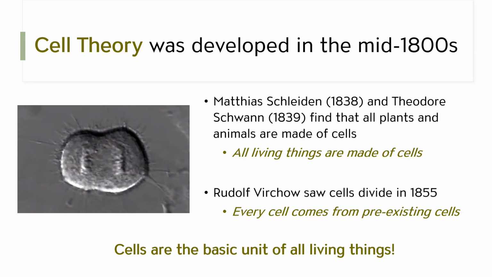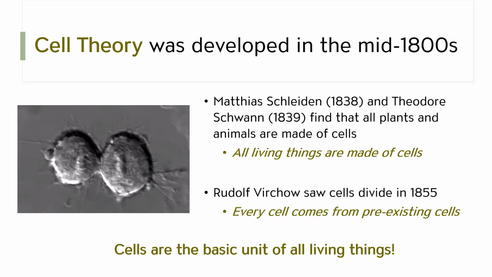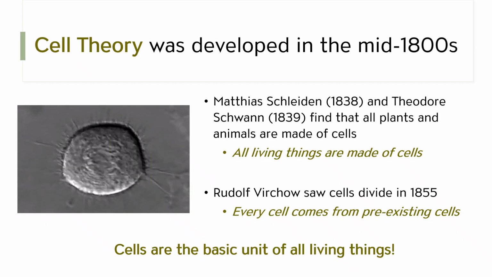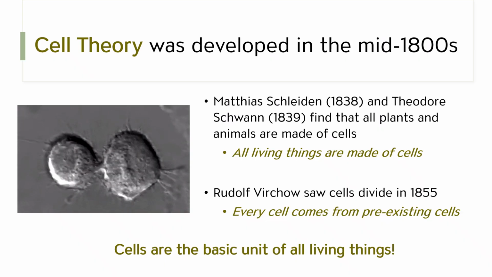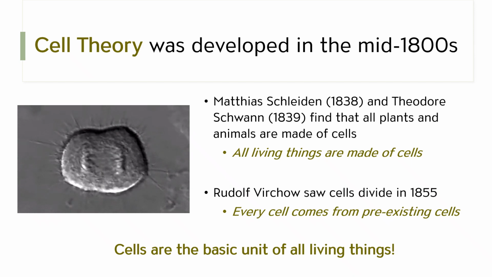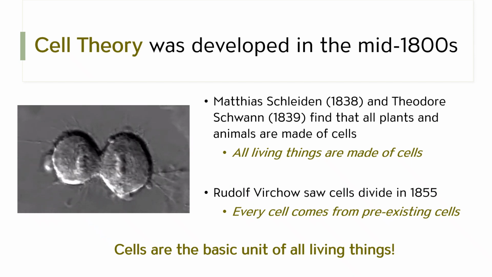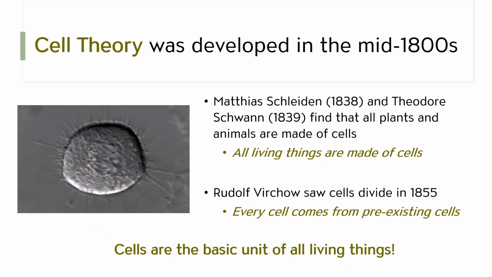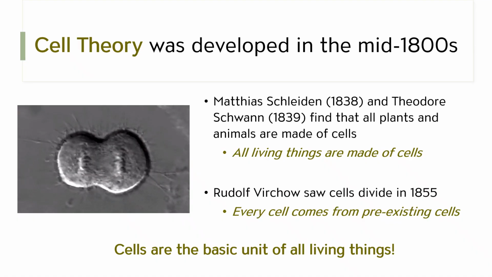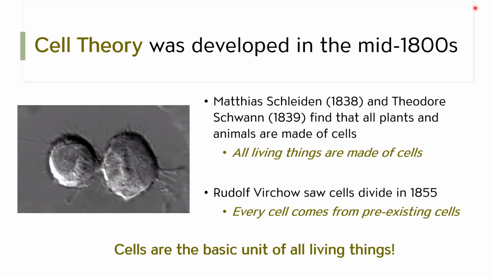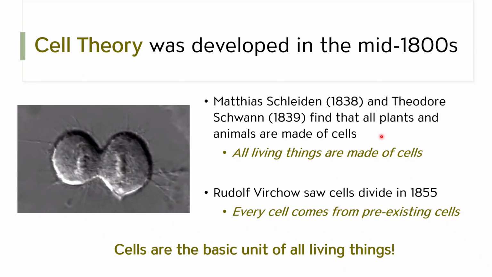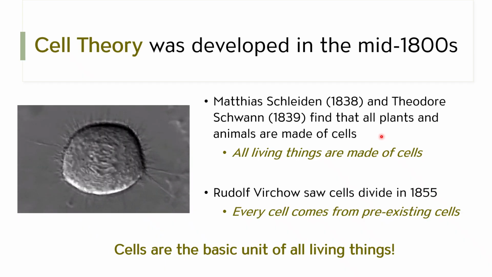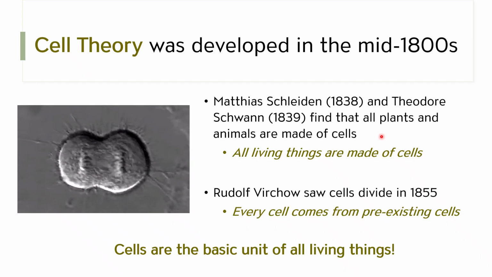So science has to develop a theory around what it means to be a cell and what that means exactly. Theories in science are very well-tested hypotheses, meaning we see an observation, we make a hypothesis about it. Like, in the case of Schleiden and Schwann, they're like, every single plant I look at and every single animal whose tissues I look at, they're all made of cells.